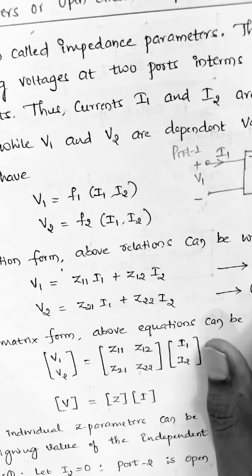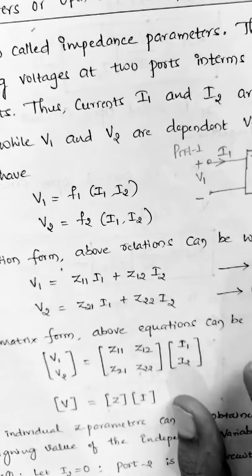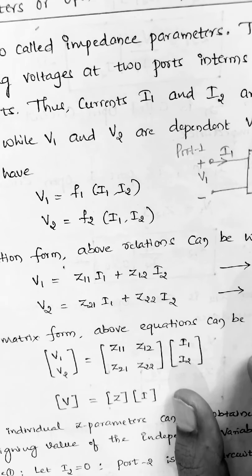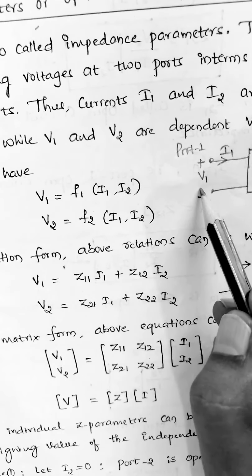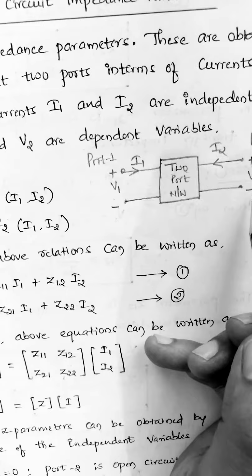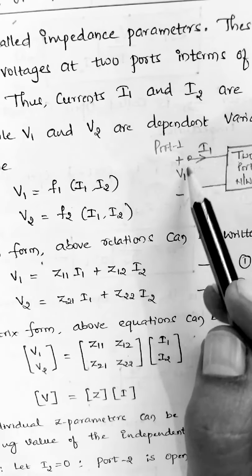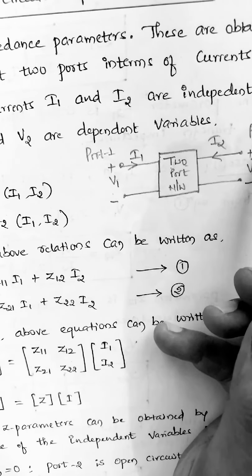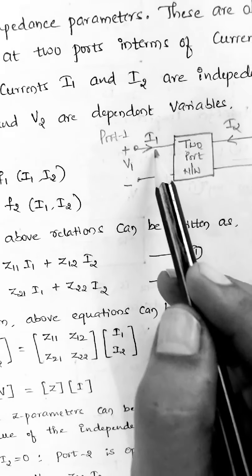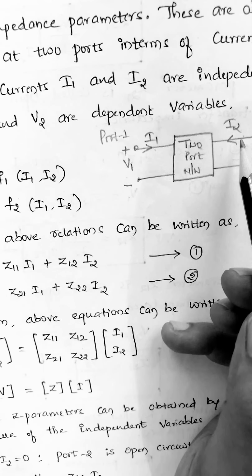Z parameters are obtained by expressing voltages V1 and V2 at the two ports, port 1 and port 2, in terms of currents I1 and I2 at the two ports.